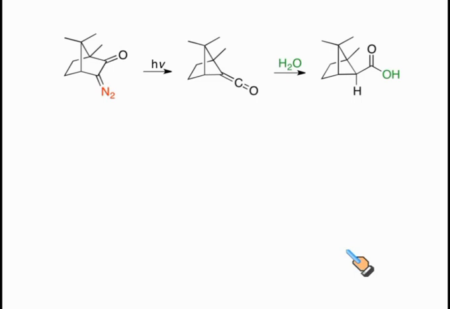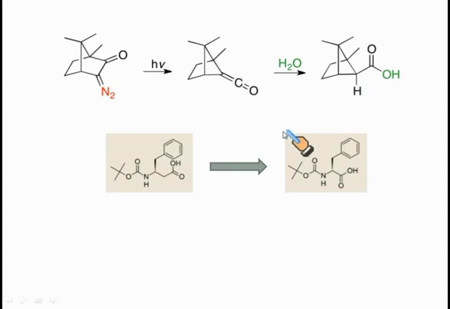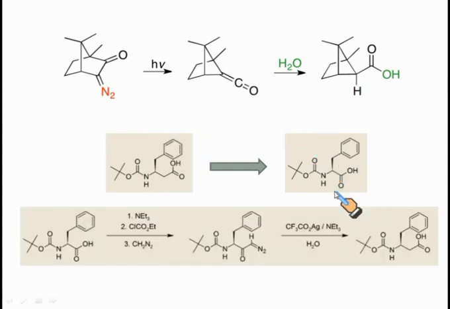Now when this alpha diazoketone on photolysis generates this ketene, which on treatment with water forms this carboxylic acid. So how can we synthesize this compound starting from this one?